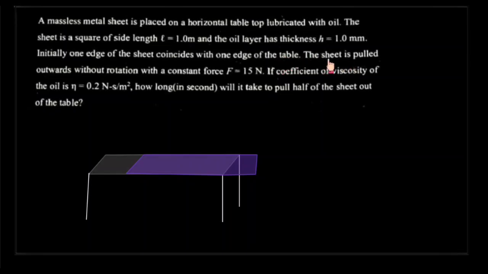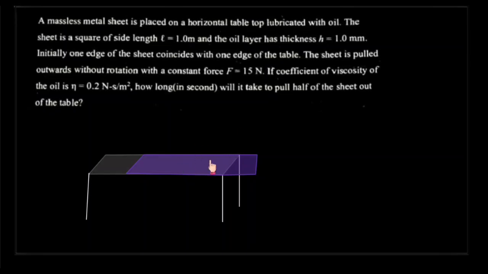The sheet is pulled outwards without rotation with a constant force F equal to 15 Newton. If the coefficient of viscosity of the oil eta is 0.2 Newton second per meter square, how long will it take to pull the sheet off the table?